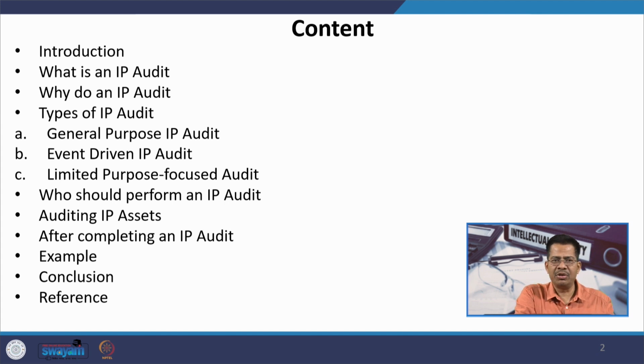We will discuss one or two interesting examples also related to IP audits, how you become lean and are able to save a lot of money because of appropriate IP audits.